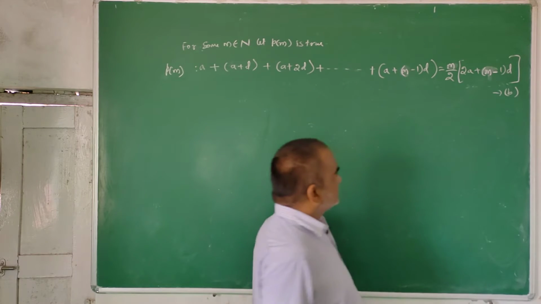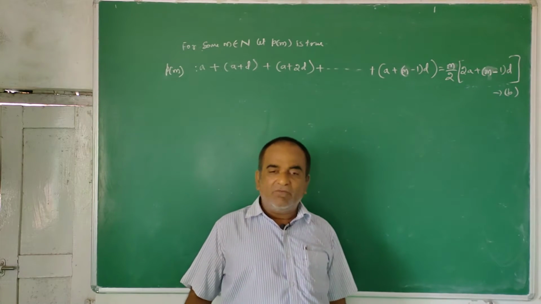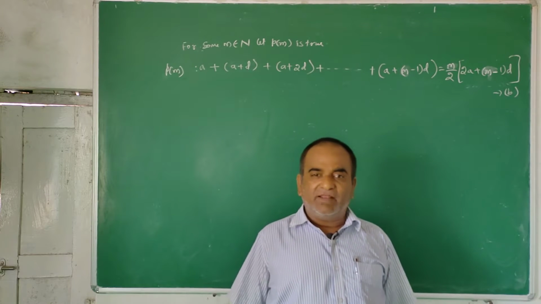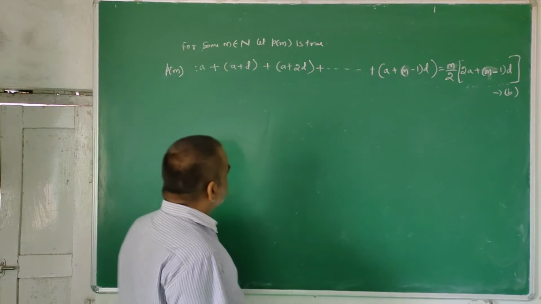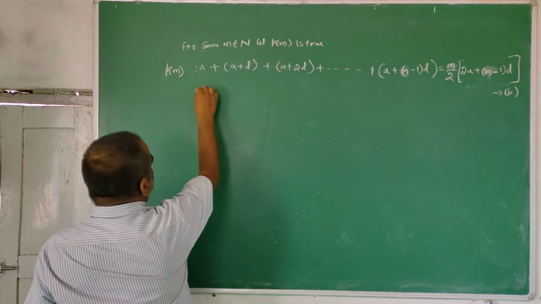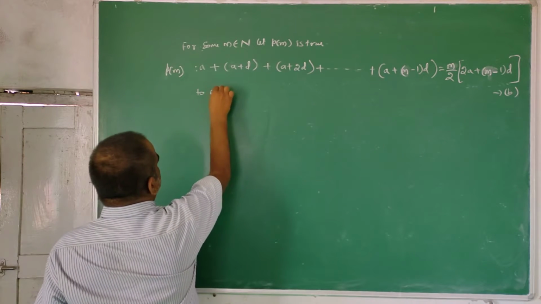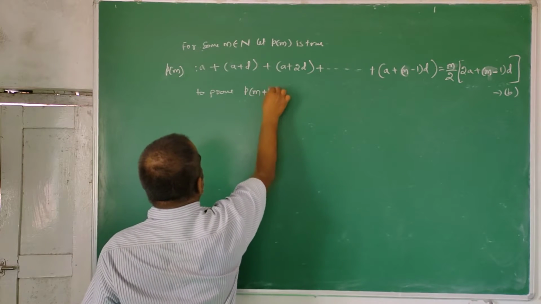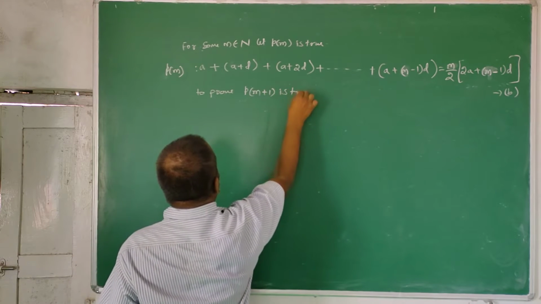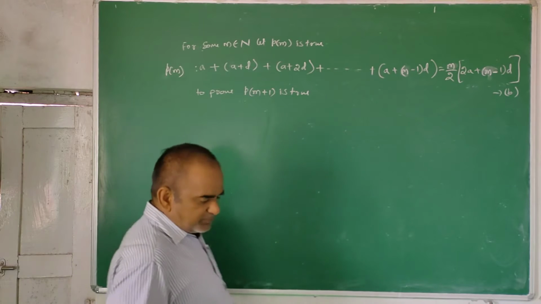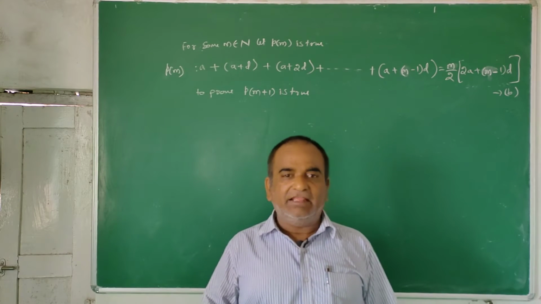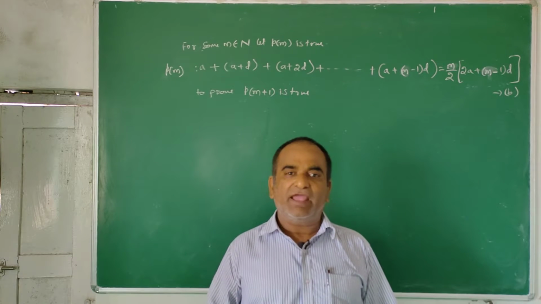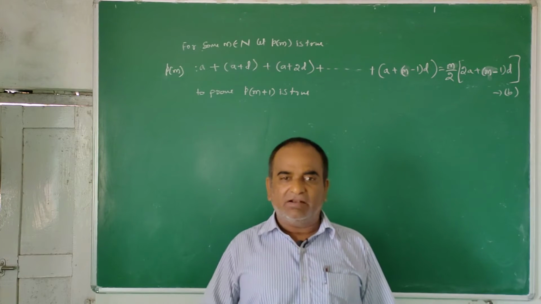Say B. Now we have to prove that P(m plus 1) is true. So to prove that P(m plus 1) is true, let us write P(m plus 1), which we are supposed to prove, well in advance.